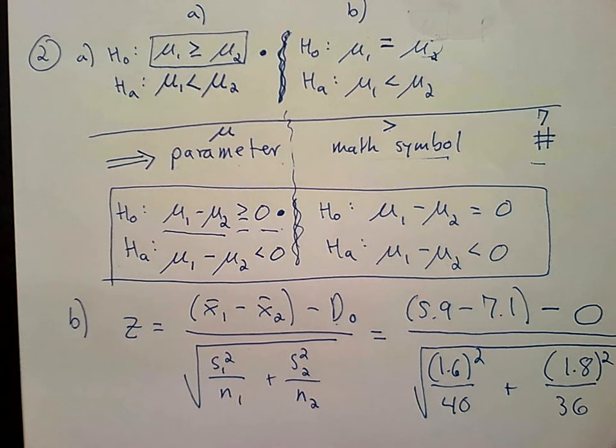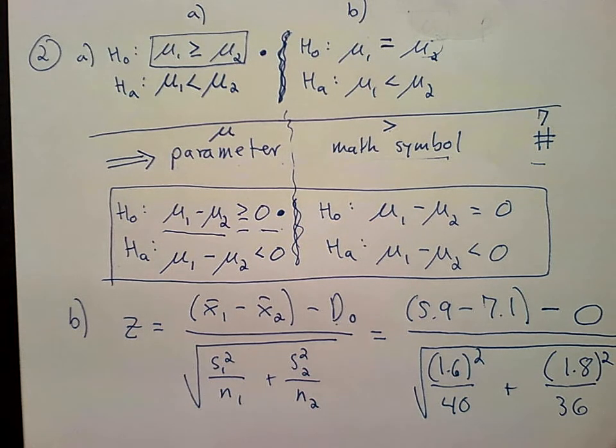You see the difference between those two statements? Then we're not just looking for the difference of these two things to be less than 0. What we're going to be looking for is that it's going to be less than 2, because we're saying that the average age of cars for faculty is at least 2 years less than that of students.